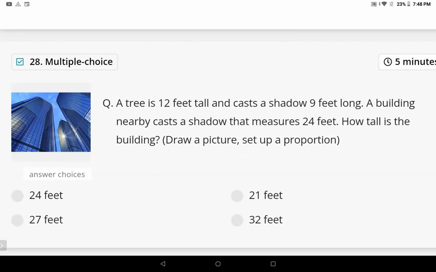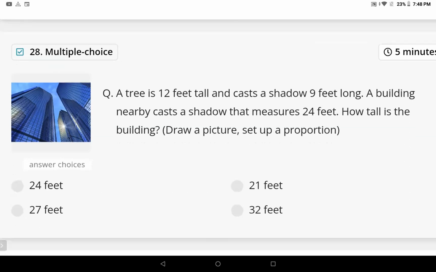Is it direct proportion? Draw a picture and set up a proportion. Yes, a tree is 12 feet tall and casts a shadow 9 feet long. A building nearby casts a shadow that measures 24 feet. Okay, the building is given. How are you supposed to do this question?